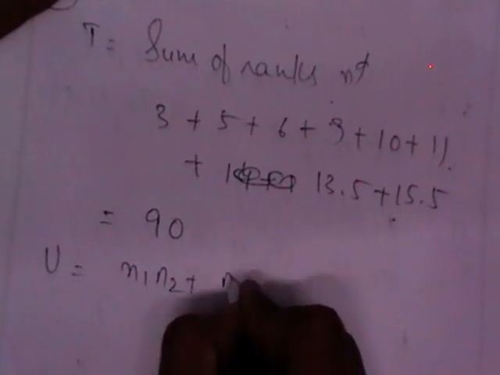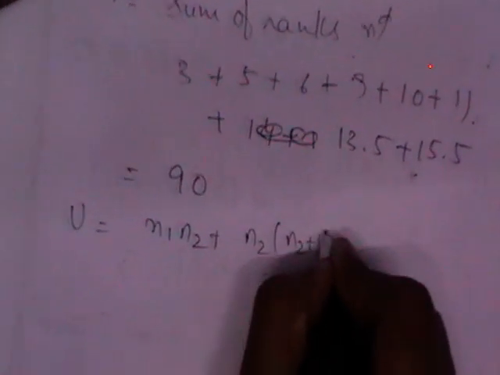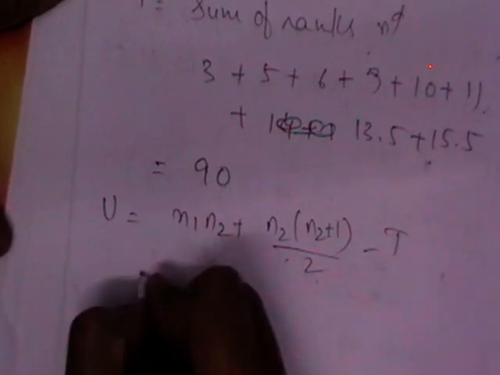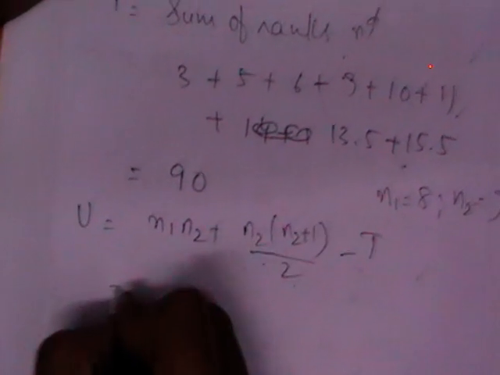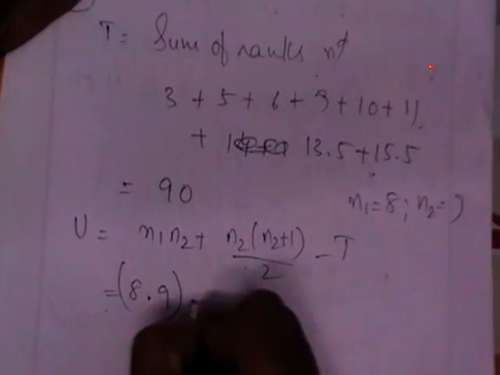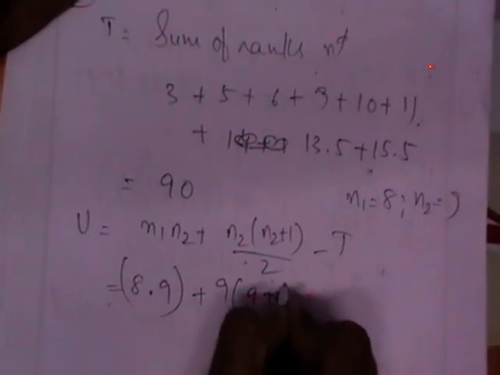Now you find out U. U is n1 n2 plus n2 into n2 plus 1 by 2 minus T. What is n1? n1 is 8, the second sample is 9. So 8 into 9 plus 9 into 9 plus 1 by 2 minus 90. This is nothing but 27. So we got U as 27.